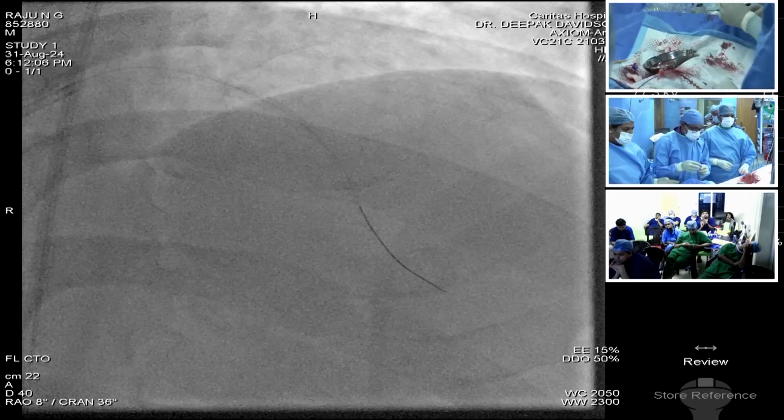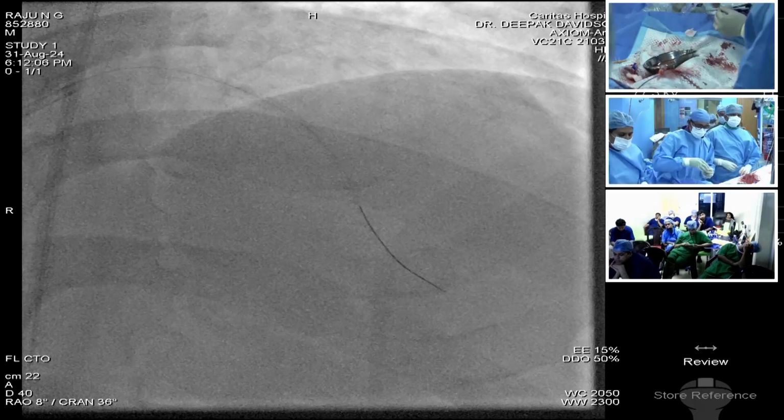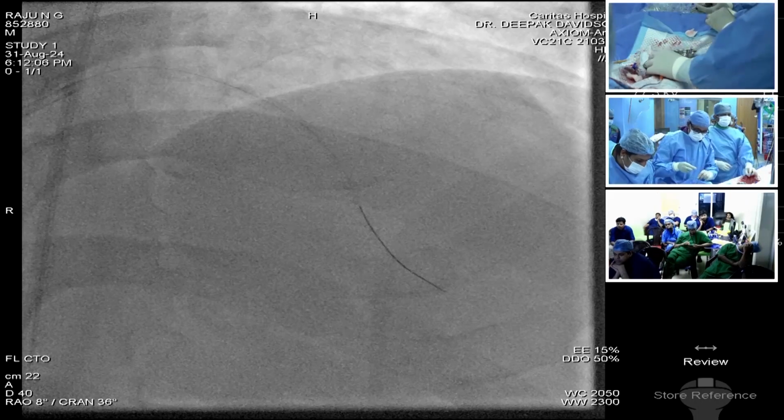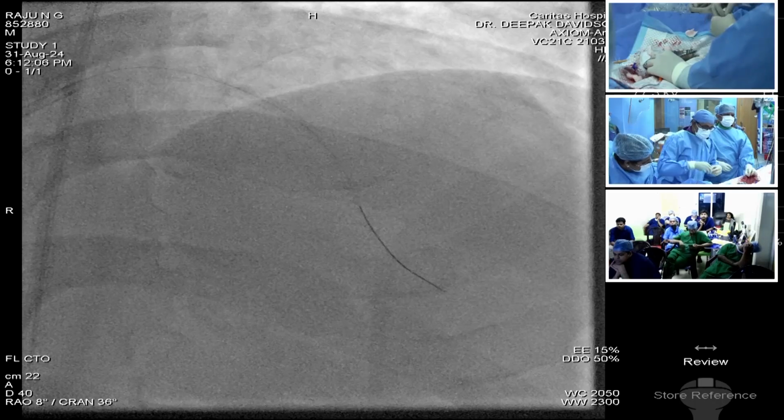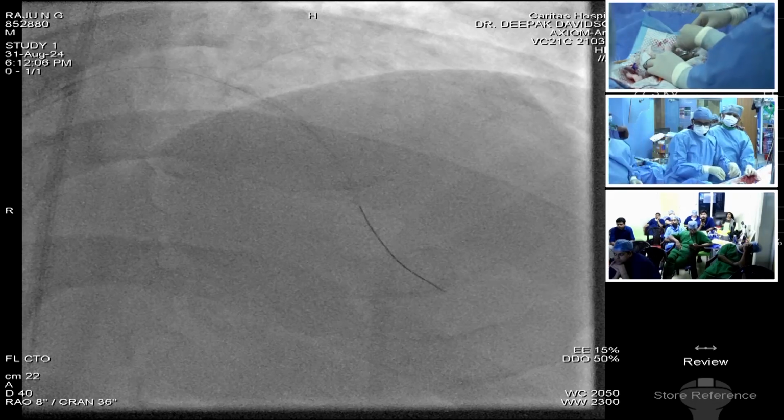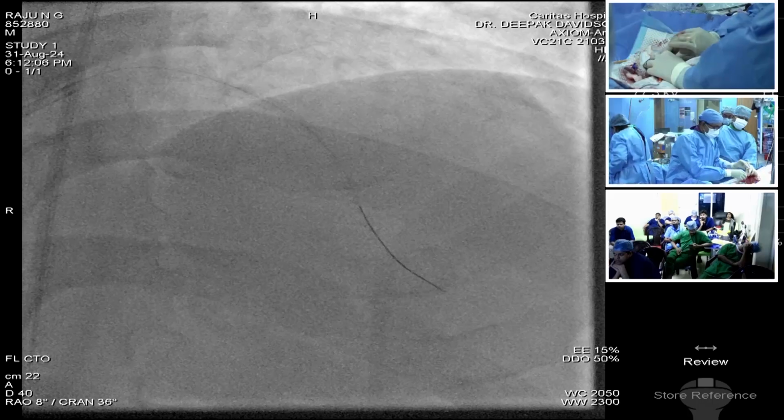Okay, so we'll go with the OCT catheter. Get ready with the 20 cc syringe.